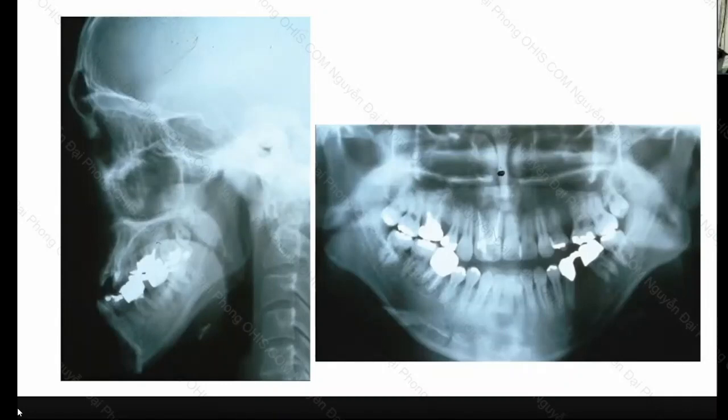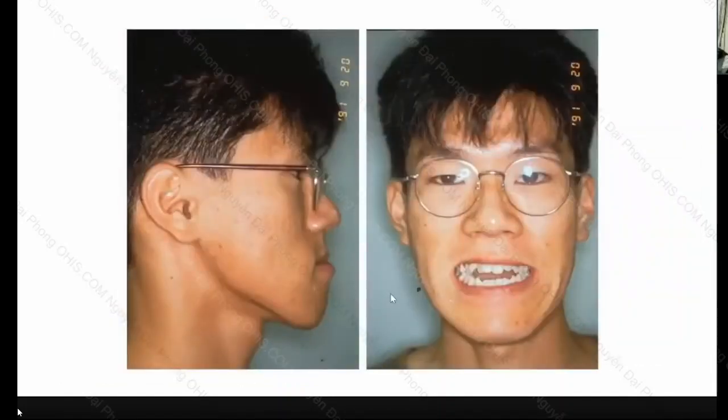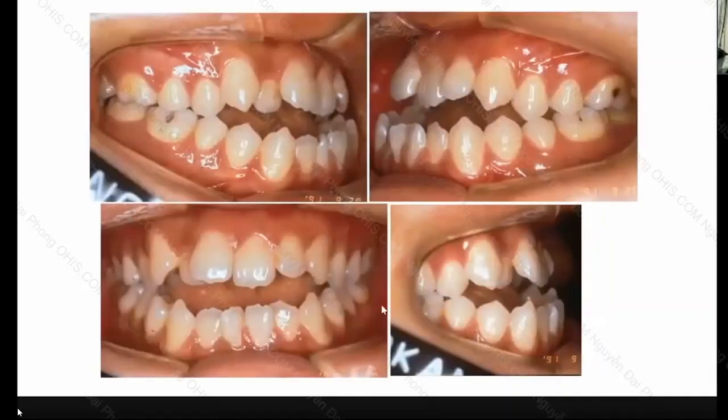This is also the same type of case. He's 20 years old, high angle class 3 with anterior open bite, a reversed curve of Spee, and contact only at upper 5, 6, 7 and lower 6.